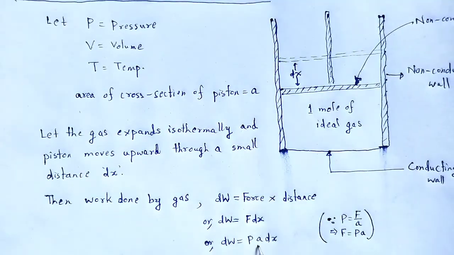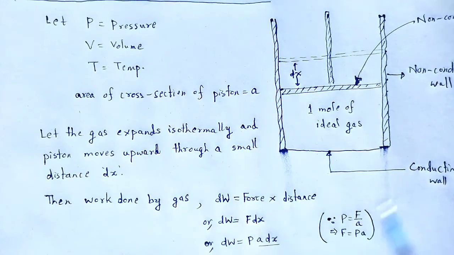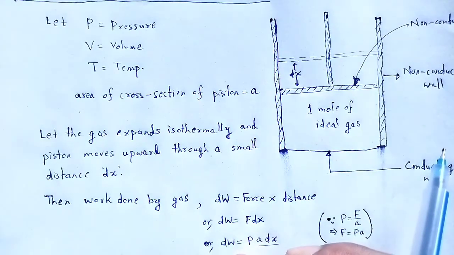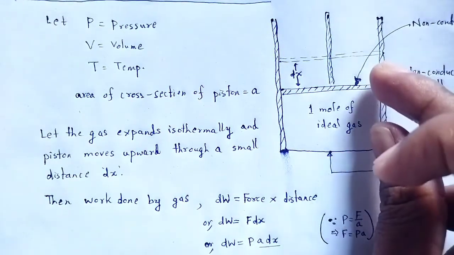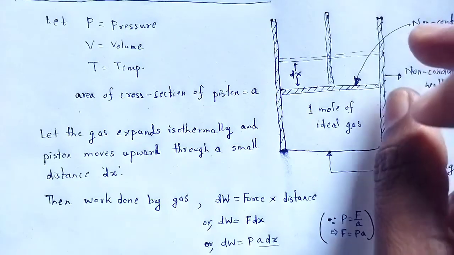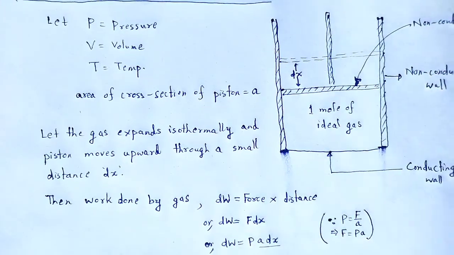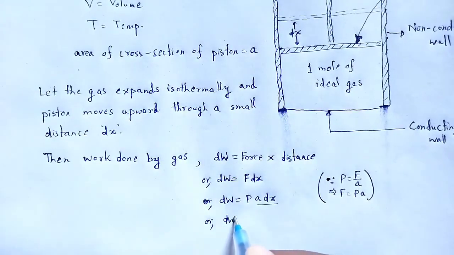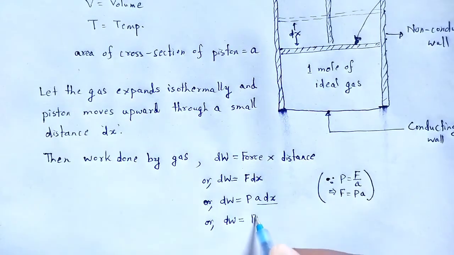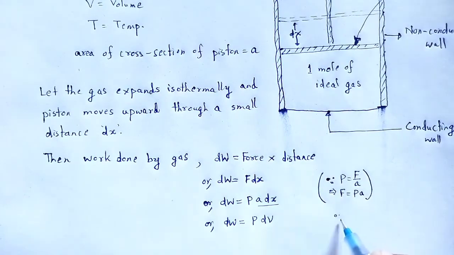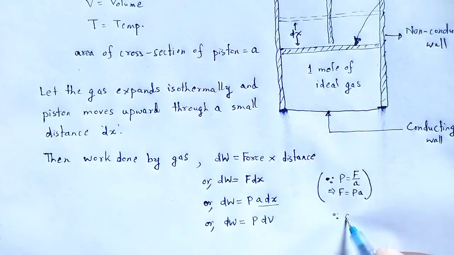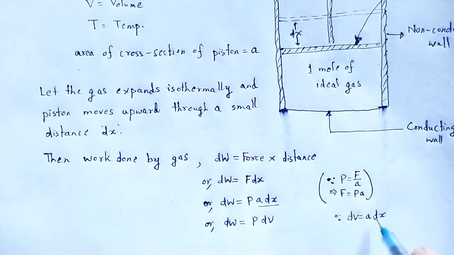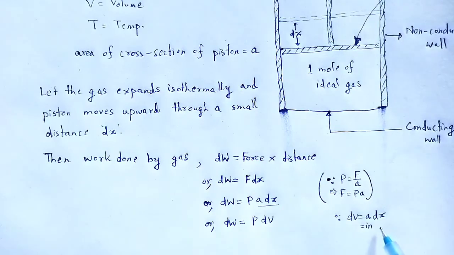Look here, A is the area and dx is the displacement. So, A dx gives rise to the change in volume, or the increase in volume. So, dW is equal to P dV. Here dV is equal to A dx, area into small displacement, that is increase in volume.